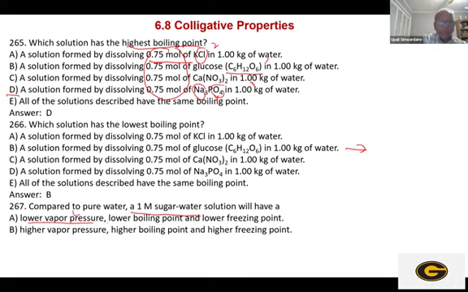That's correct. Lower boiling point? That's not correct. Boiling point is higher. Freezing point is lower.